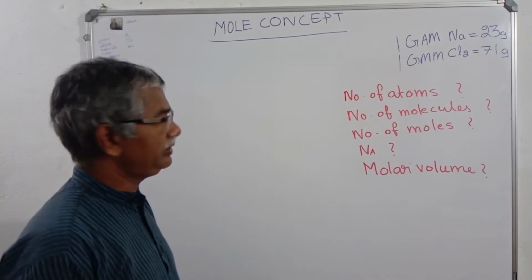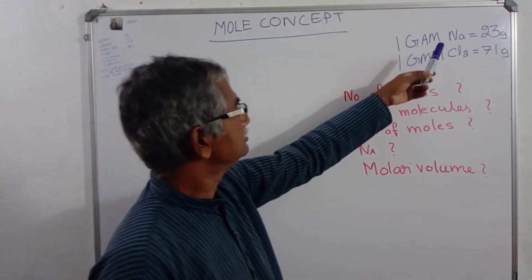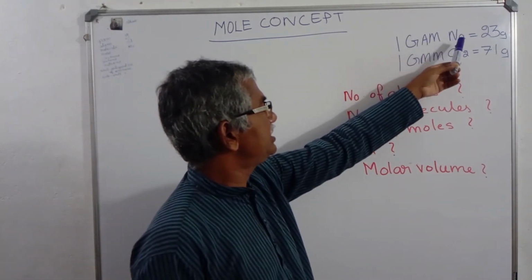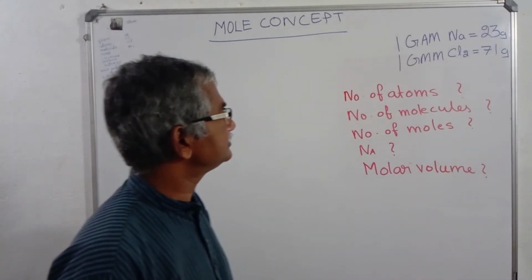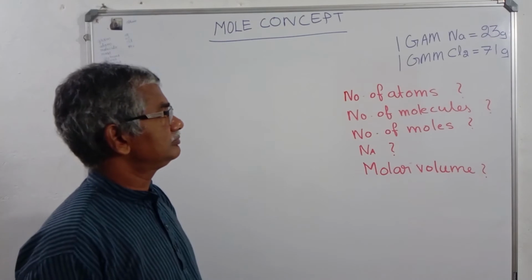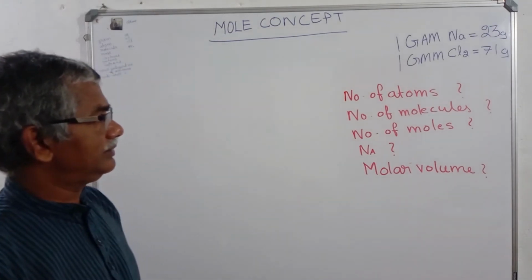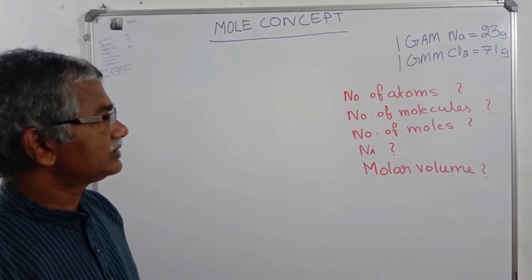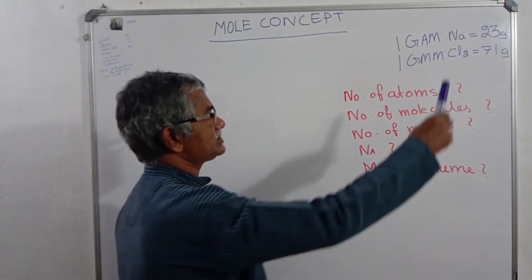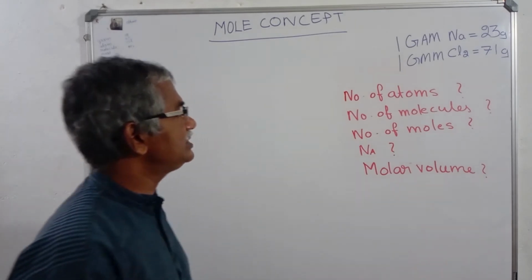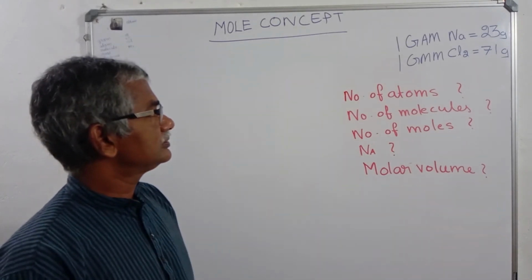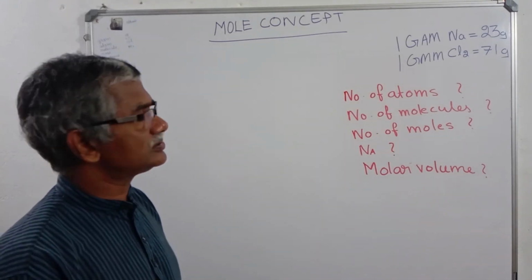So we need to remember sodium. Its atomic mass is 23. Its atomic number is just 11. So twice 11 is 22, but it has one more gram. Because in the nature, sodium has isotopes.